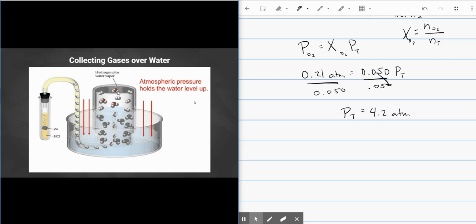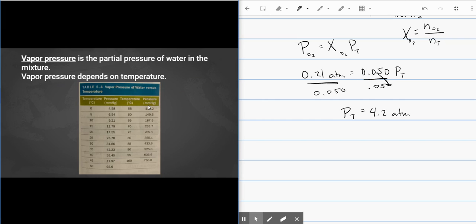So what we have is some little water molecules that are going to end up above the water line with the hydrogen mixed together. So we have a mixture of gases up here. And so if we want the pressure of just H2, we have to subtract the water pressure from that. The vapor pressure is the partial pressure of water in that mixture.